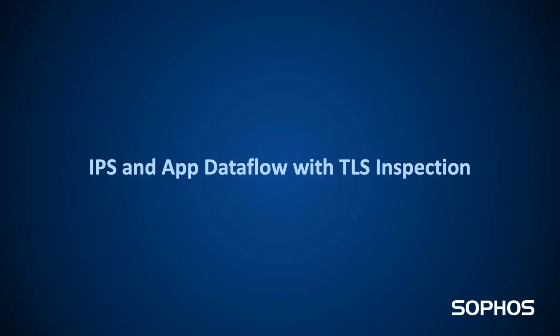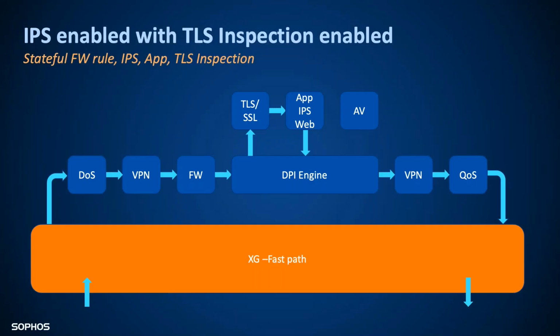Now we have IPS and app control enabled with TLS inspection turned on. In this case, all the data plane subsystems are involved in the traffic processing. You can see the DPI engine serves as the interface between the kernel as well as the fast path. The initial connection here, as usual, goes through the slow path, submitted to the DPI engine.